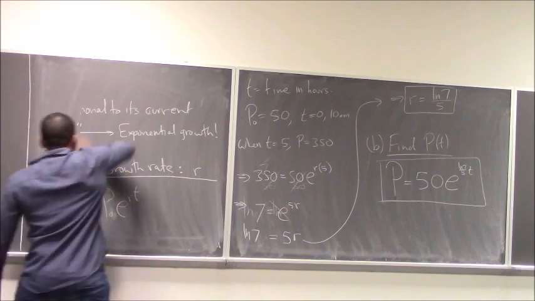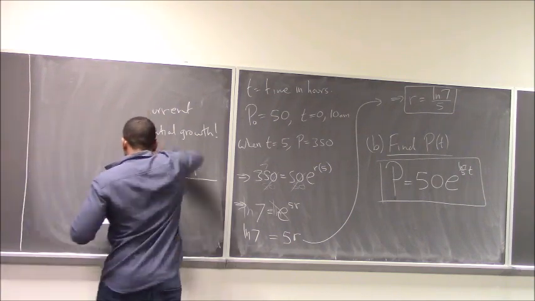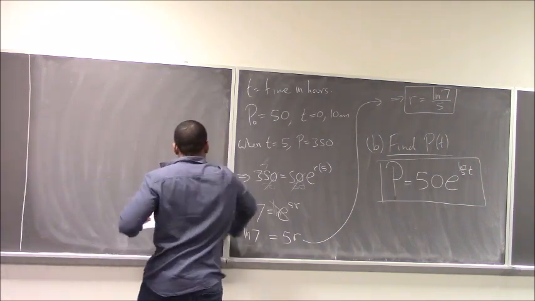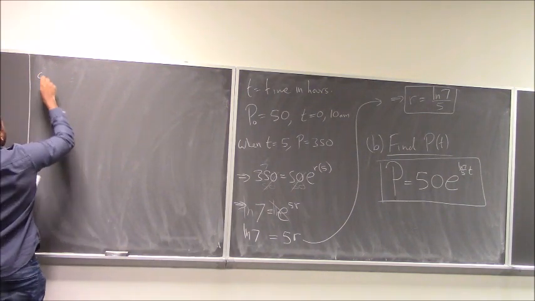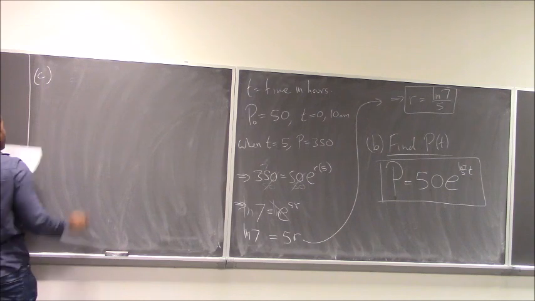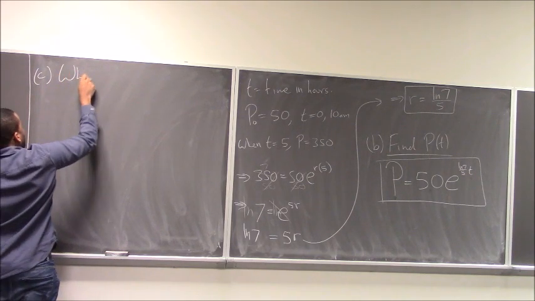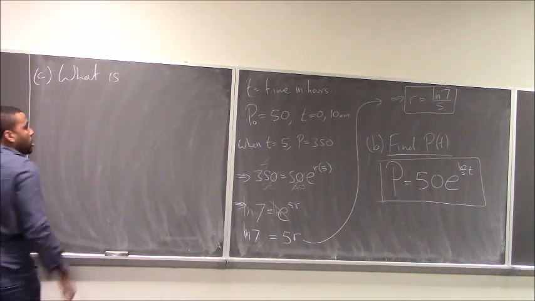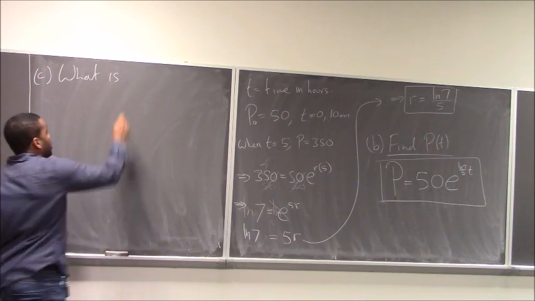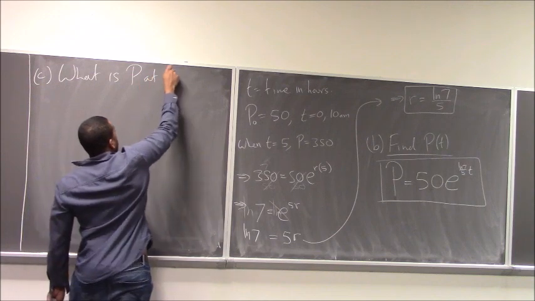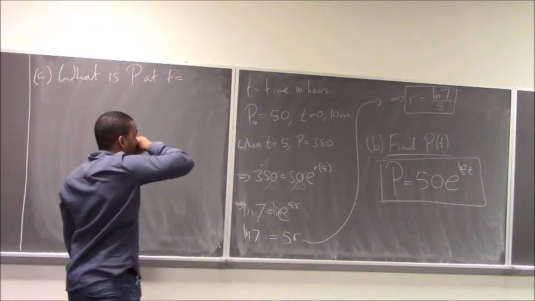What is the size of the population at 4 p.m.? So what are we looking for here? P. So what is P at t equals 4 p.m., which would be what? 6.